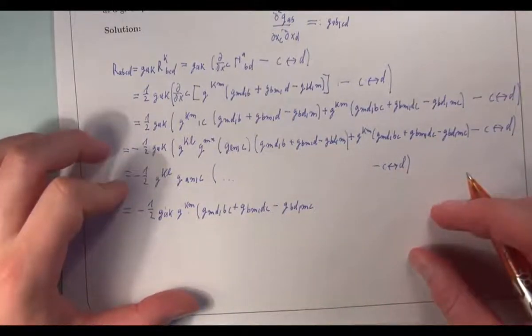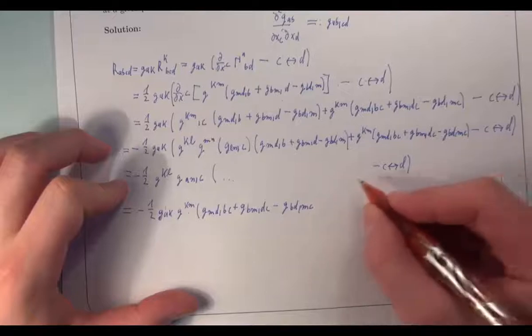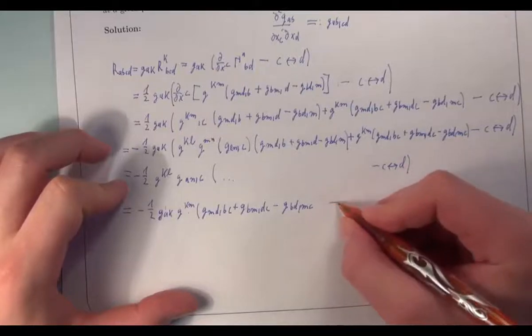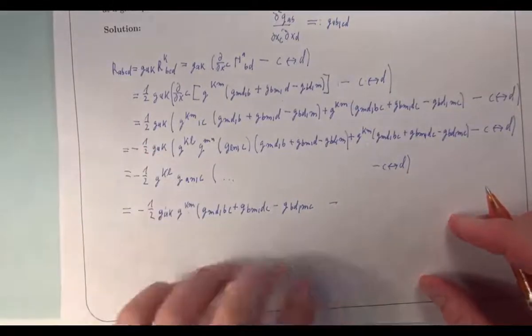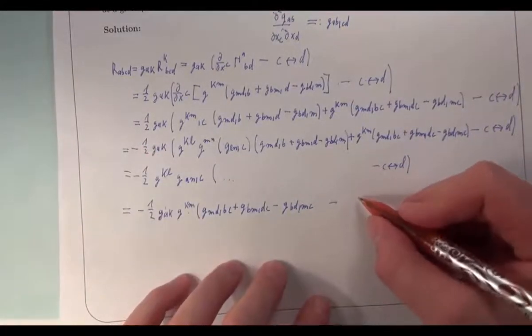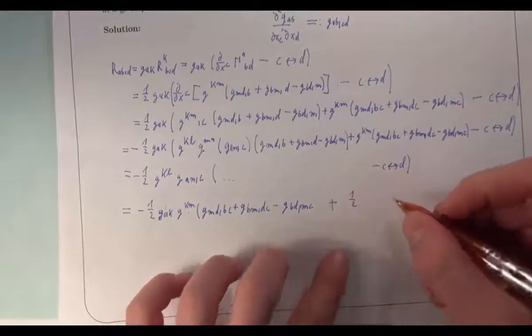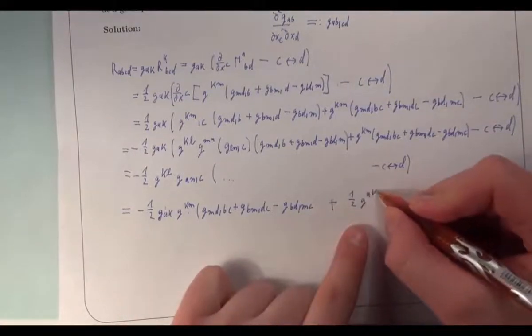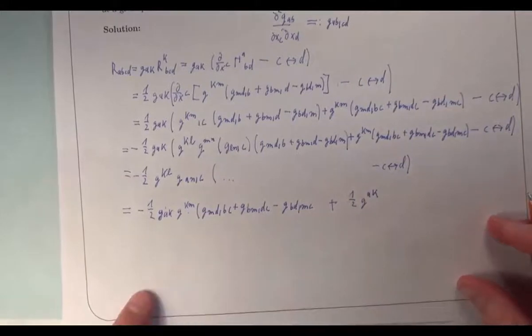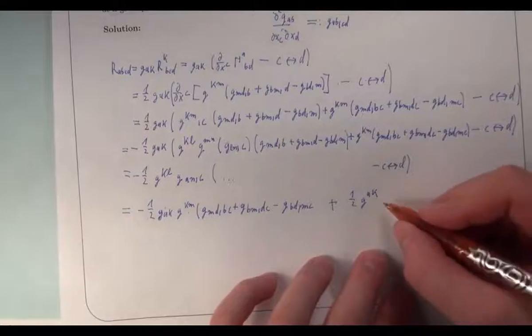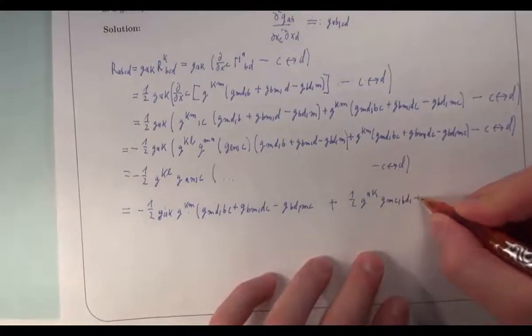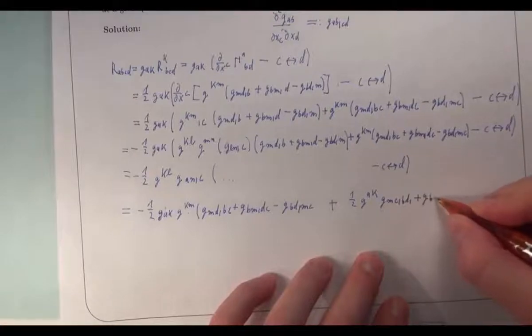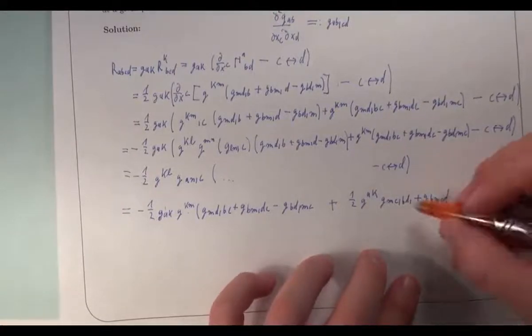And now I take the minus C D part, meaning 1/2 G_AK times, minus gives a plus, G_AK G_MC,BD plus G_BM,CD.